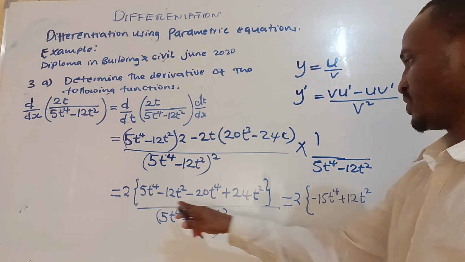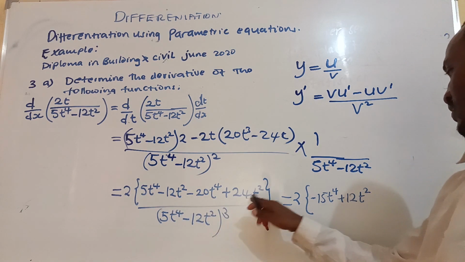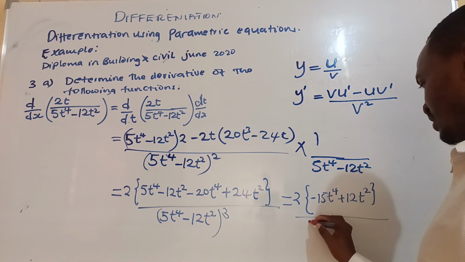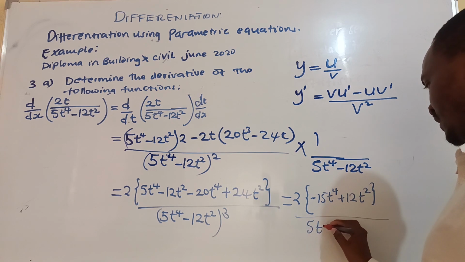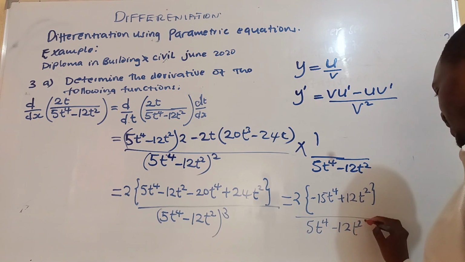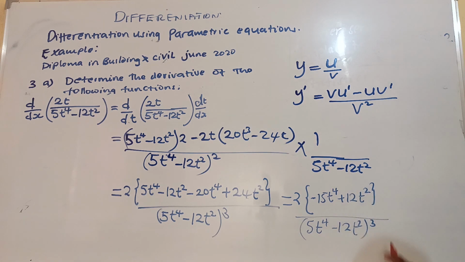Okay, I think that is it, because this has reduced to 15, this has reduced to 12, over 5t to the power 4 minus 12t squared, to the power 3. It's not possible to reduce beyond that point.